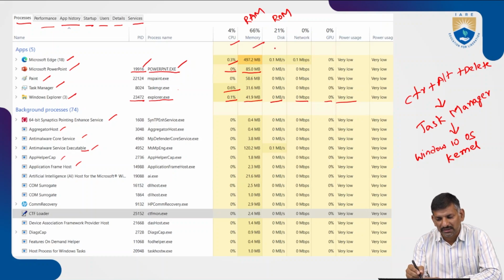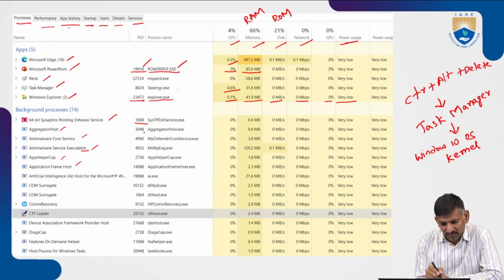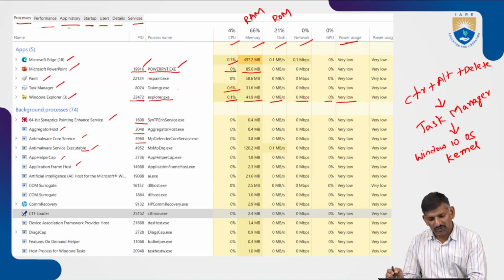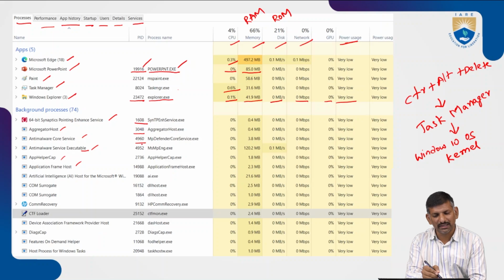How much hard disk? How much internet? And how much power is being consumed? So check the various processes. Like this, the Windows 10 kernel schedules these processes, assigns process IDs and does the operations.